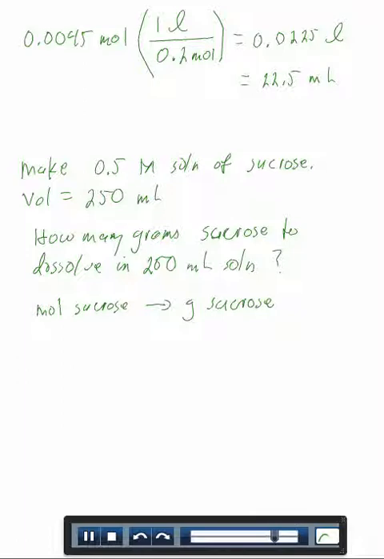I take 250 milliliters, which is 0.25 liters, and I multiply it by my conversion factor, 0.5 moles per liter, the concentration of the solution, and this will give me 0.125 moles of my solute.